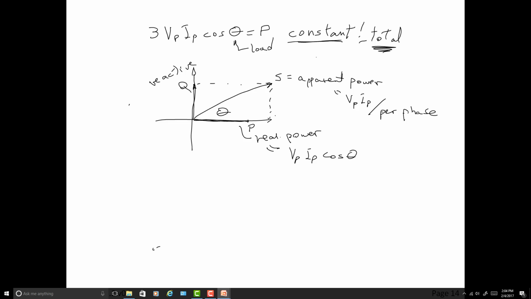And the reactive power, likewise, is VP, or similarly, times the sine of the angle. All right? And the apparent power, I've indicated, this again is per phase.